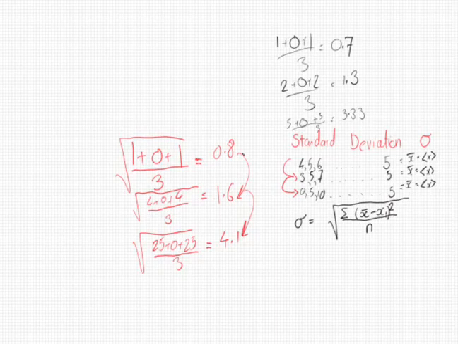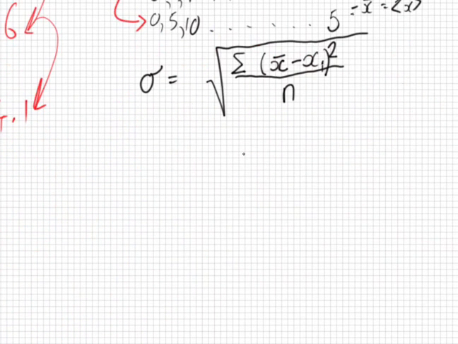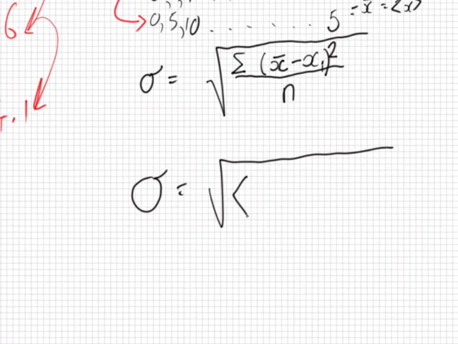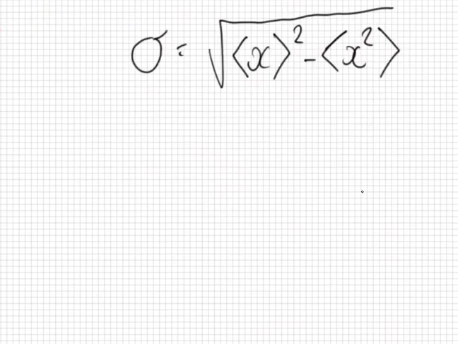In the exam and the formula book, they would prefer you to use this formula. It gives you the exact same answer. Standard deviation equals the square root of this one squared minus this one here squared. So let's take my first example, 4, 5, 6.